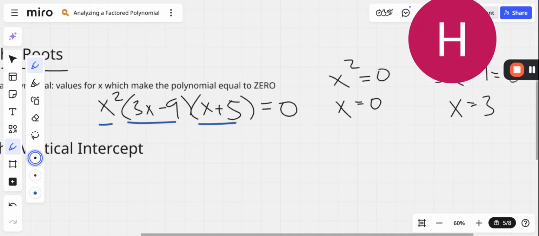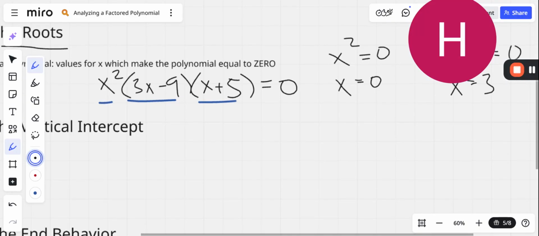They're called roots. What I want you to notice about the roots is that they each come from these factors, and these two factors don't have anything particularly special going on, but this x factor has a squared.